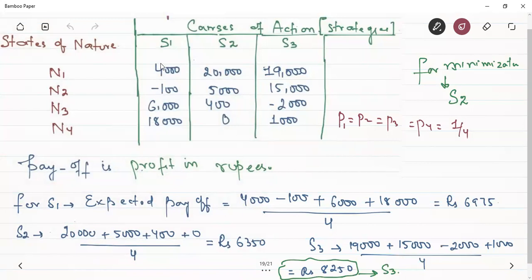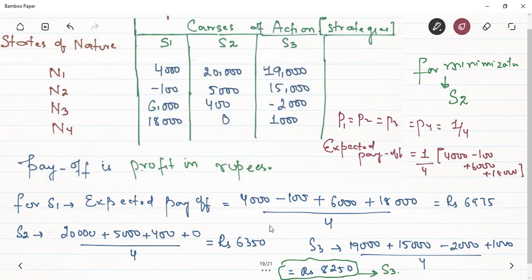Once we have given equal probabilities to all these states of nature falling under S1, the expected payoff is calculated with 1 by 4 common for all, and we make the addition of these: 4,000 minus 100 plus 6,000 plus 18,000.